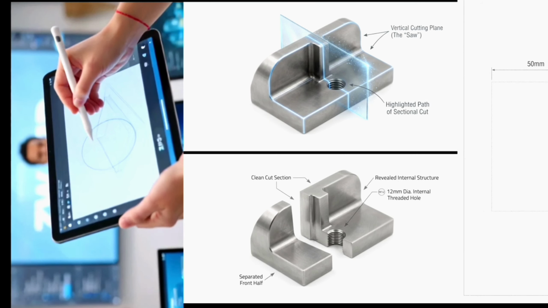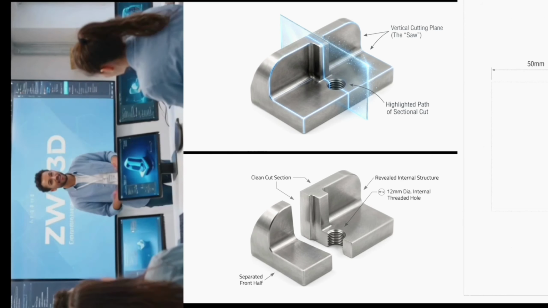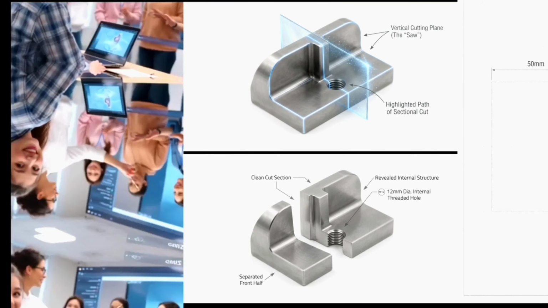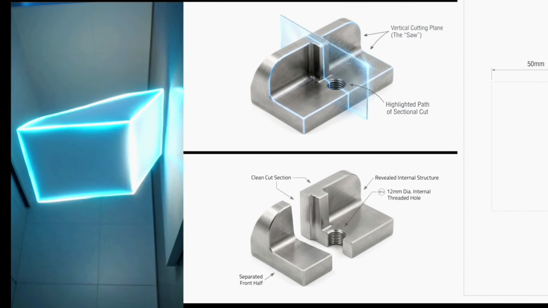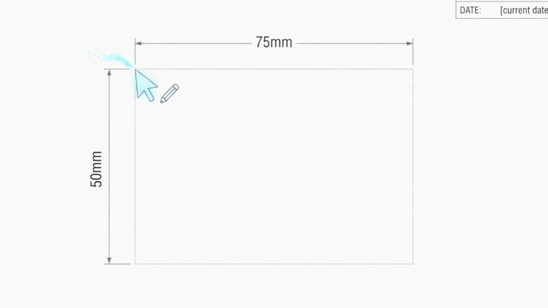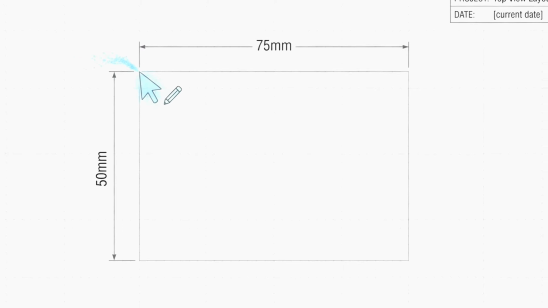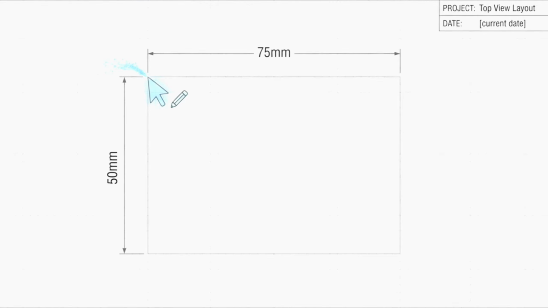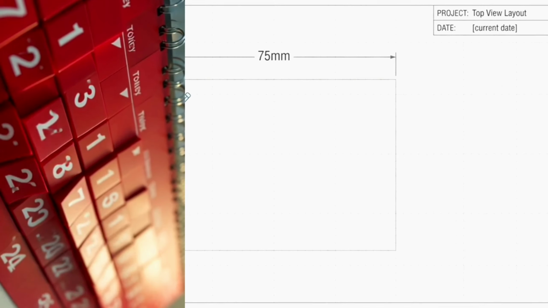Finally, we apply hatching. Draw thin, uniform lines at a 45-degree angle across all areas where the saw would have cut through solid metal. Remember, do not hatch the hole or empty spaces. Finish your drawing by adding standard dimensions: overall length, width, height, and hole diameter.